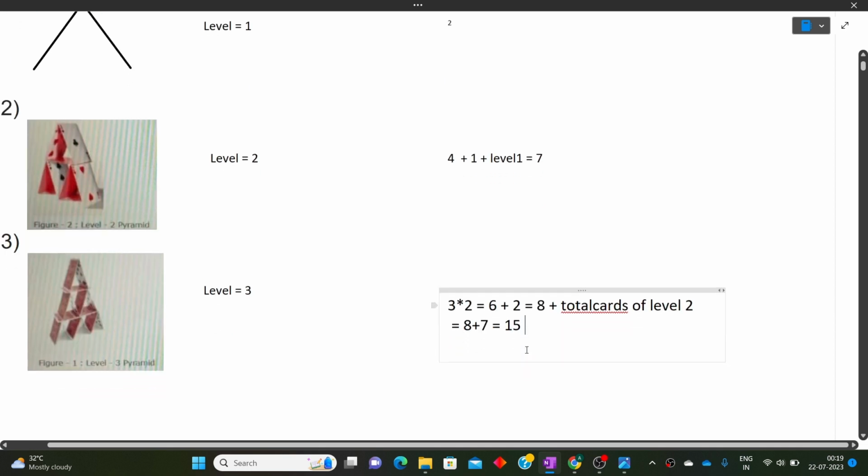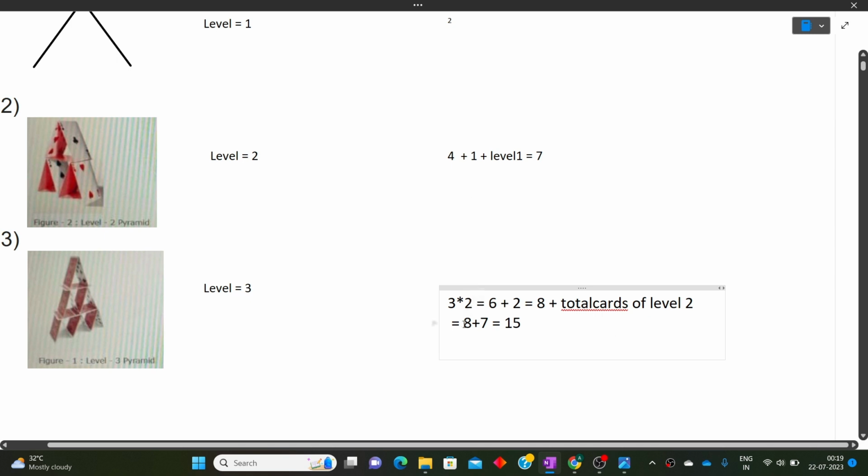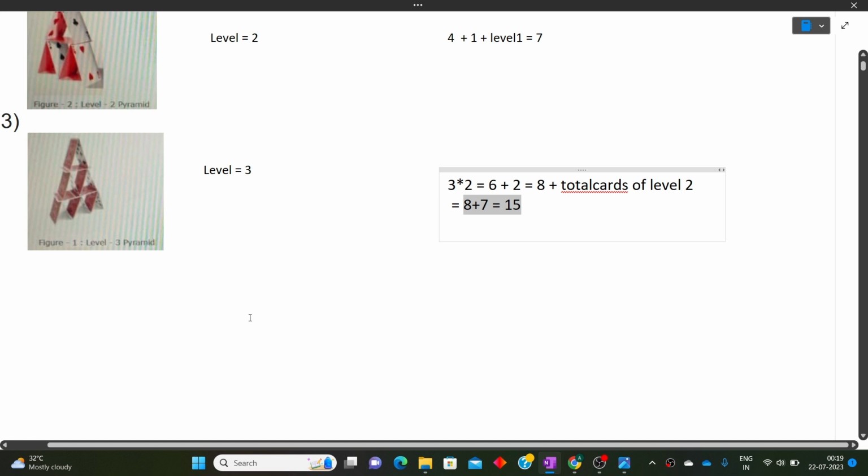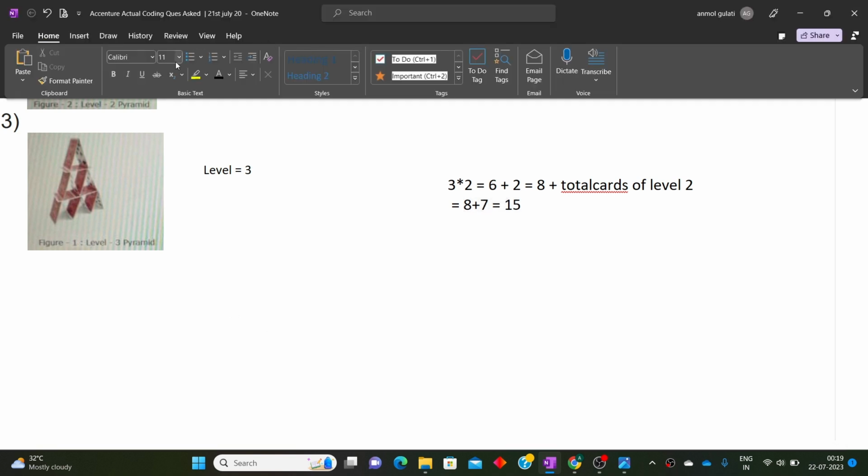So if I generalize this thing, because see, we are writing programs, so we have to somewhere generalize the equation. So if I generalize, the equation is simple. What is the equation? Let me tell you.